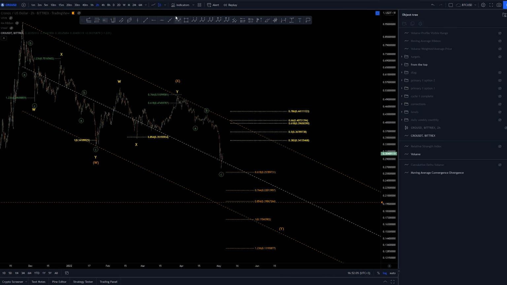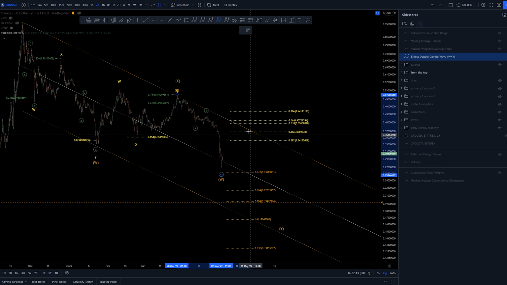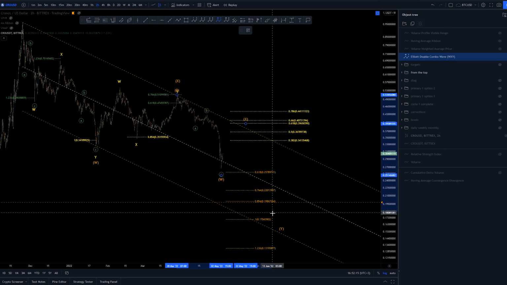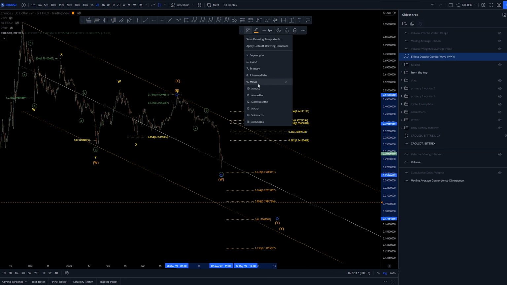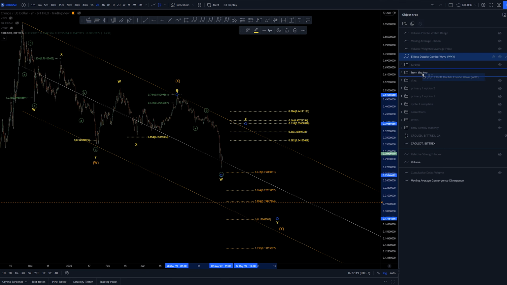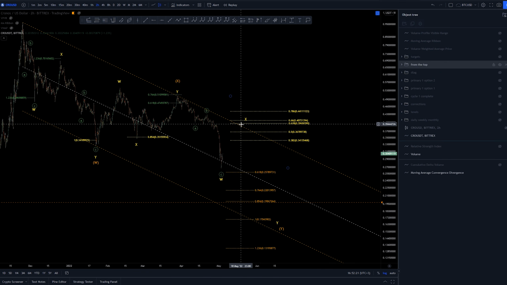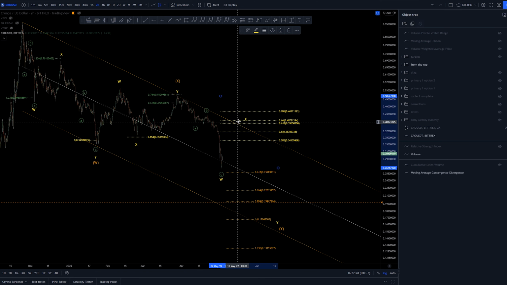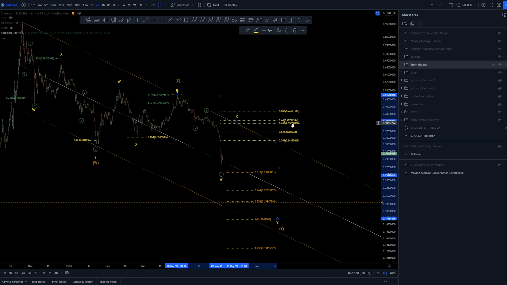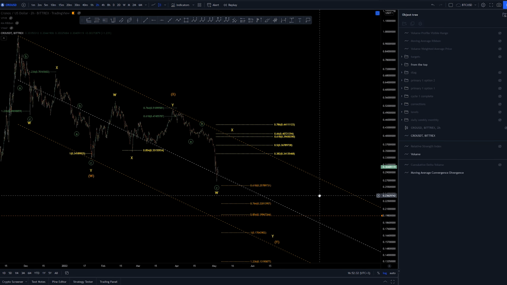This looks like the first wave of Y. If it's done, it could be another WXY, something like this on minor scale. Again, golden pocket about here, and depending on how fast we get up, we could be getting to that golden pocket with the X, with this trend line coming down.